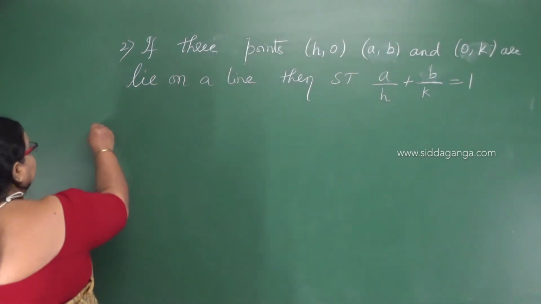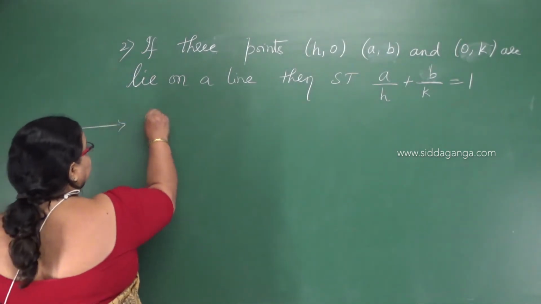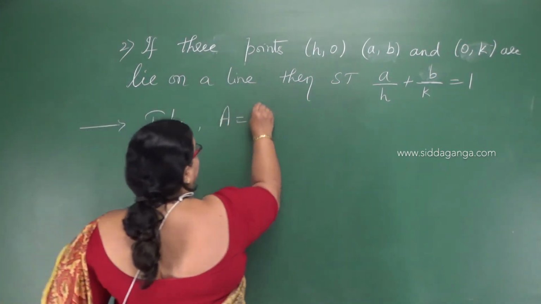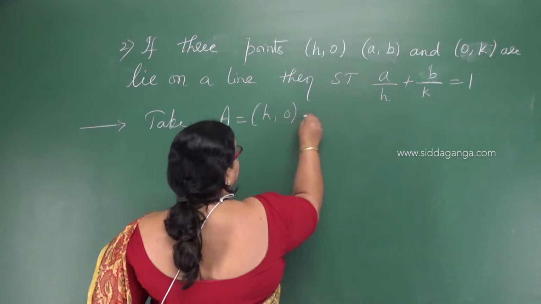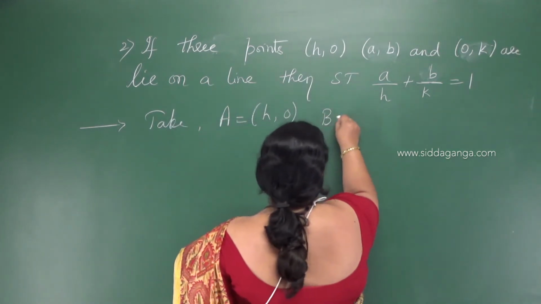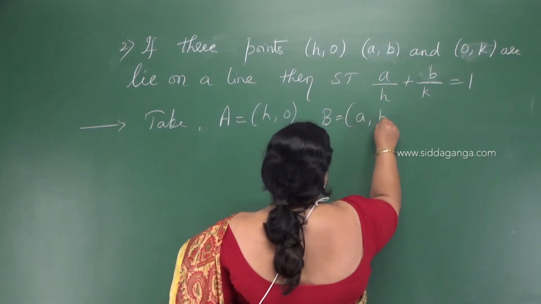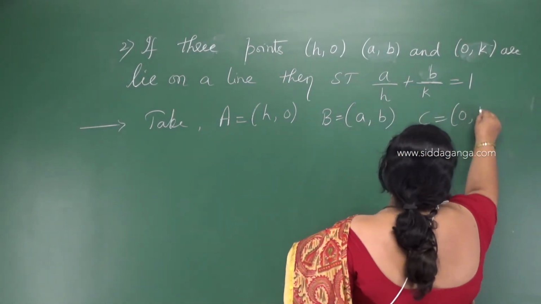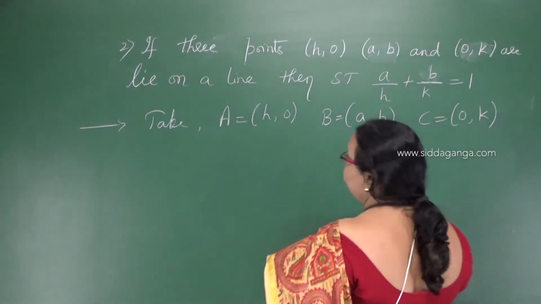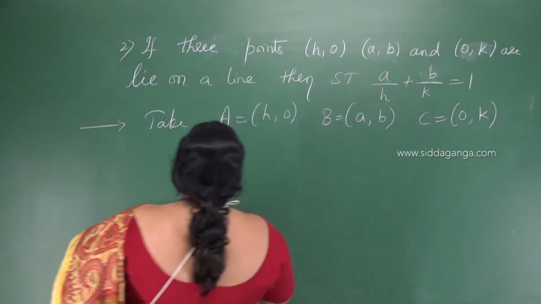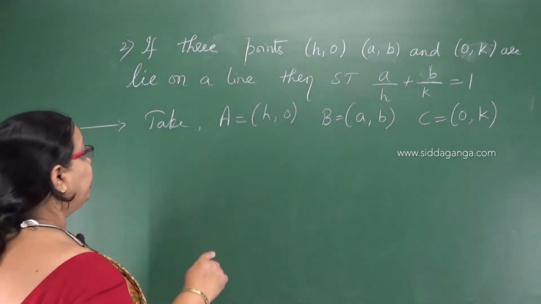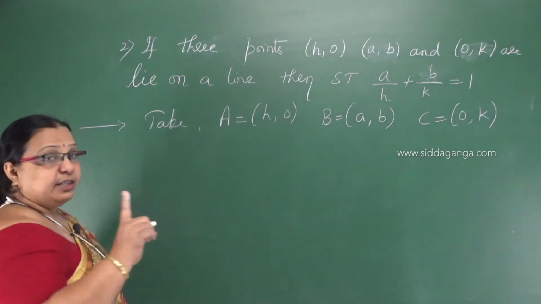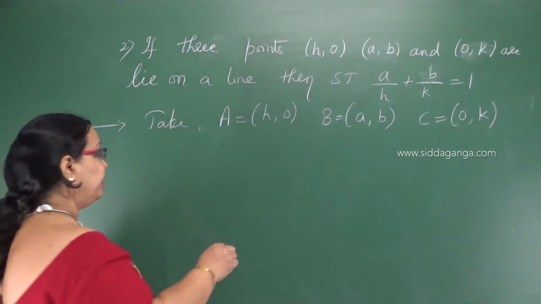So now you take the first point as A equal to h comma 0, take the second point as B, a comma b, and you take the third point as C, 0 comma k. If the 3 points lie on a same line, it means that the points are collinear.